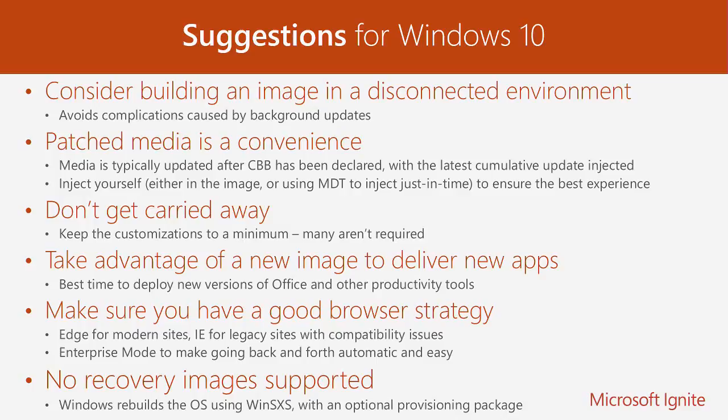You just have to think about this as you move into a Windows as a service world and you start updating Windows 10 every 6 months. You're not going to have that opportunity anymore. So you need to have a separate mechanism for keeping those inbox apps up to date, not having to rely on new OS deployment processes in order to update those.